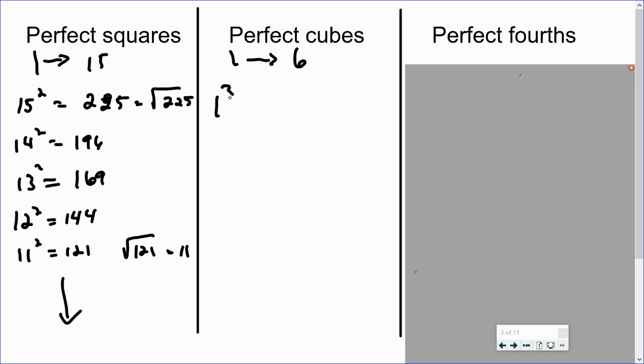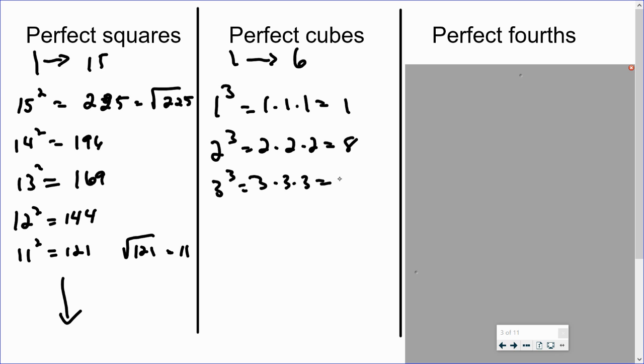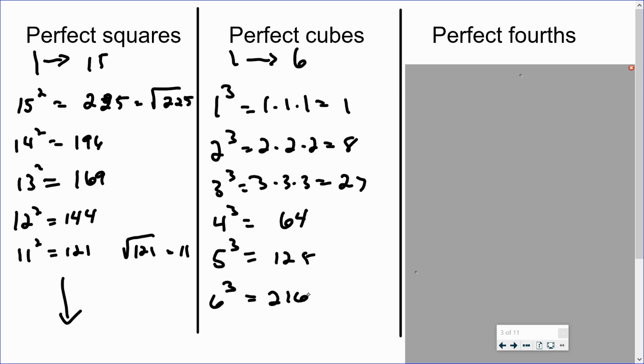So 1 to the third is 1 times 1 times 1, that's 1. 2 to the third is 2 times 2 times 2, which is 8. 3 to the third is 3 times 3 times 3, which is 27. 4 to the third is 64. 5 to the third is 125. 6 to the third is 6 times 6, 36, and 36 times 6 is 216.